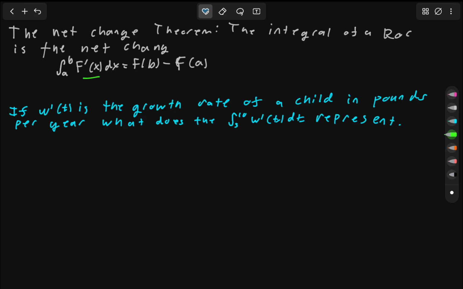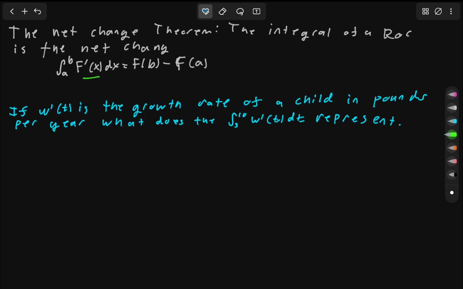And what we would say is the integral from 5 to 10 of w prime of t dt represents the net change in pounds from 5 to 10 years. There's a small bit of information missing, like, is this months or is this years? But I'm going to say it's going to be years.